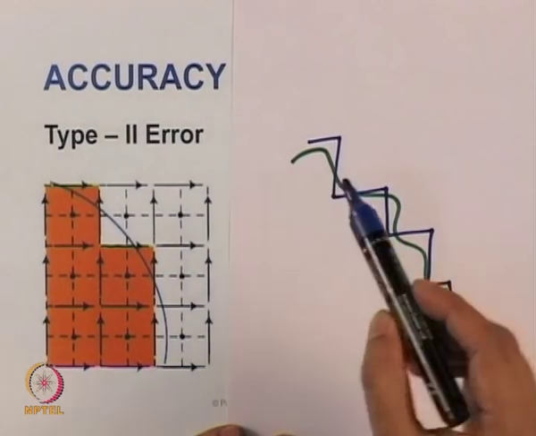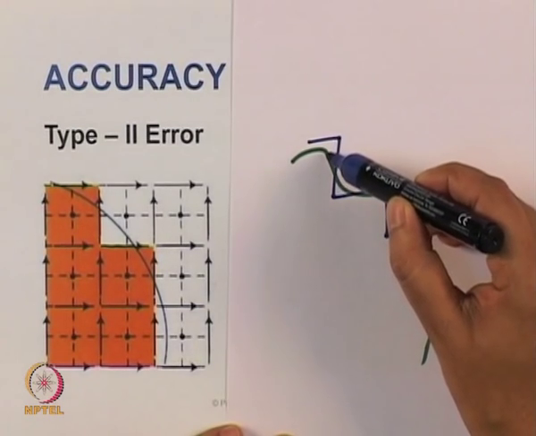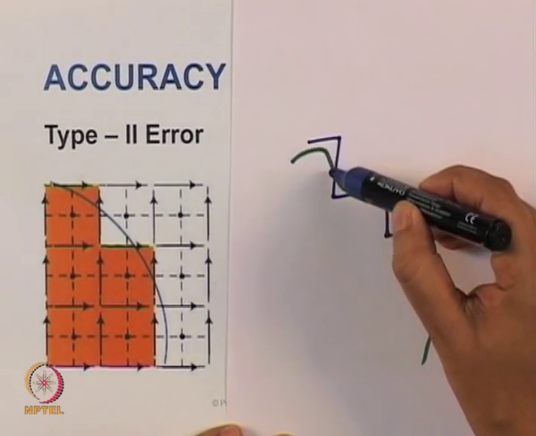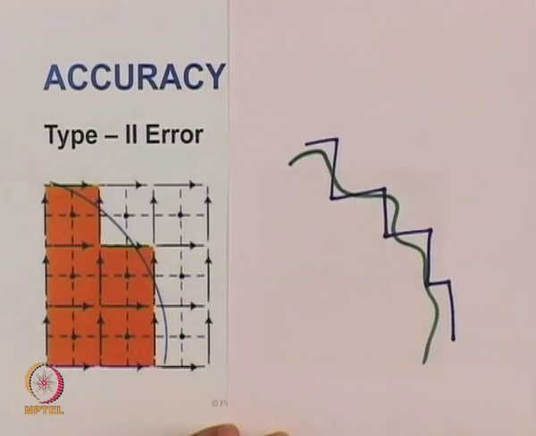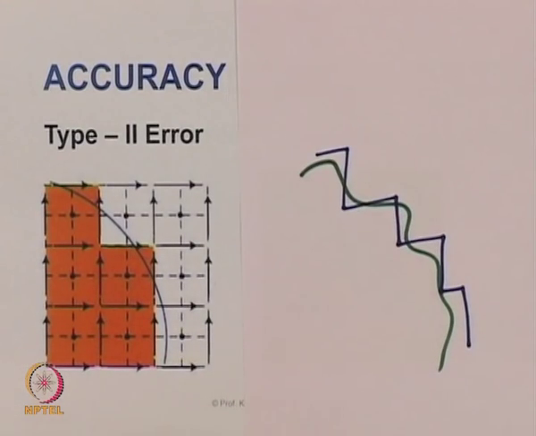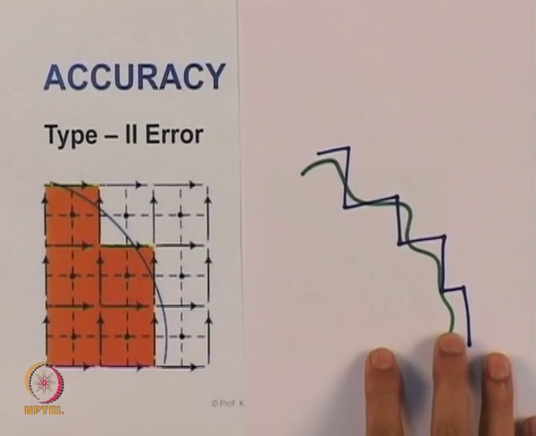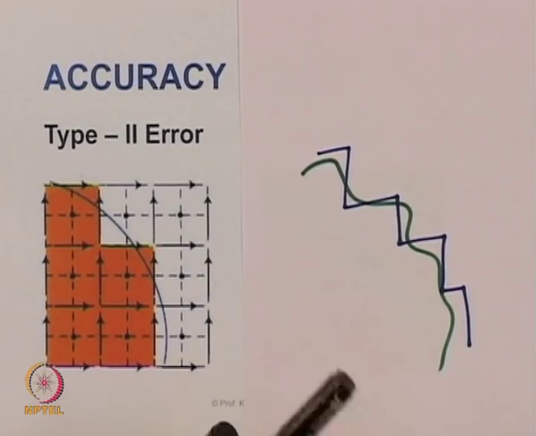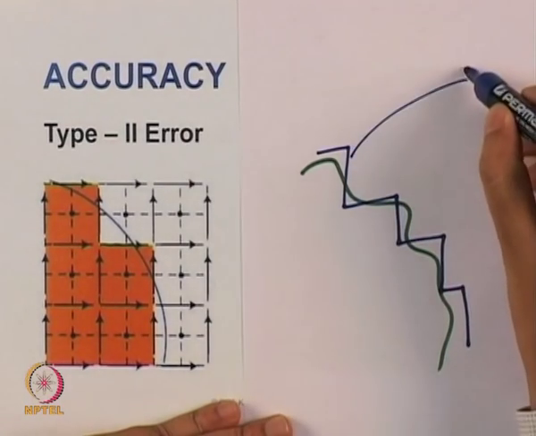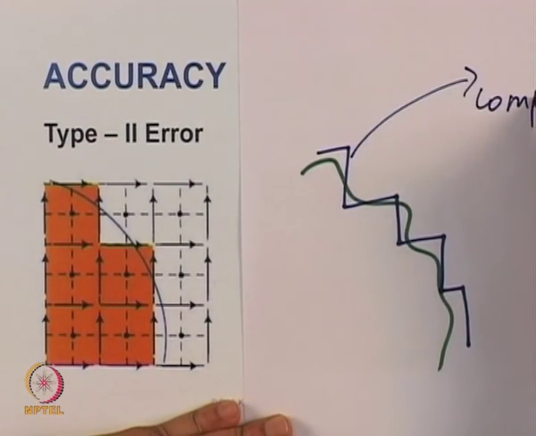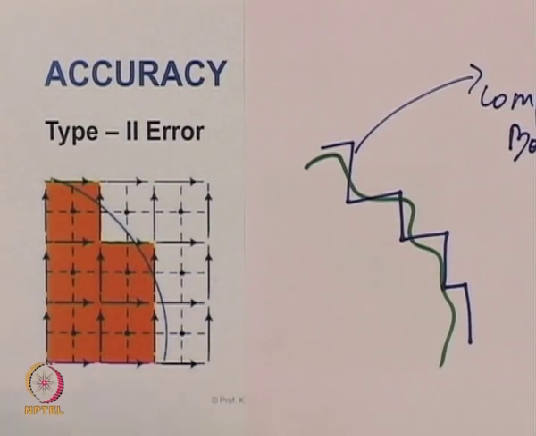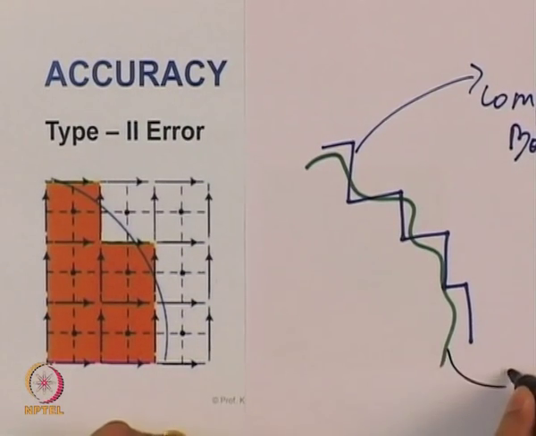As you can see, there is always an error between the actual domain boundary and the computational boundary. The computational boundary here is the blue line, and the other one is the real physical boundary.